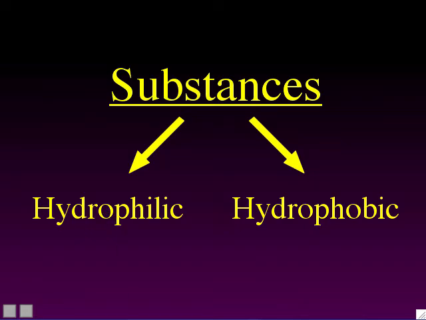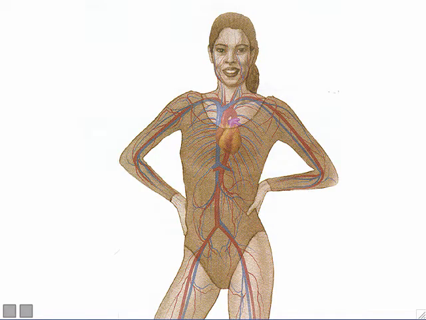Because those are substances that dissolve well in water or watery fluids, like the blood, the body uses that ability of water to dissolve many hydrophilic molecules to help distribute nutrients throughout the body, because those nutrient molecules, being hydrophilic, dissolve well in the blood, and then the blood can transport those nutrients all throughout the body when the blood circulates. Okay, so that's one important property of water to the proper functioning of the body, is that water dissolves many substances.